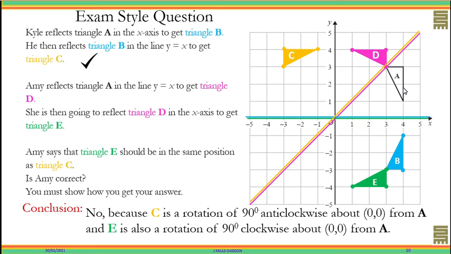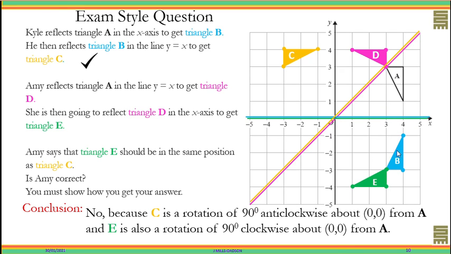Because if you rotate A 90 degrees anticlockwise from the origin, you get to this point. And E is a rotation of 90 degrees clockwise from the origin from A. So which means that they are both at different positions. So I've used these colors to help you understand how I got these triangles.